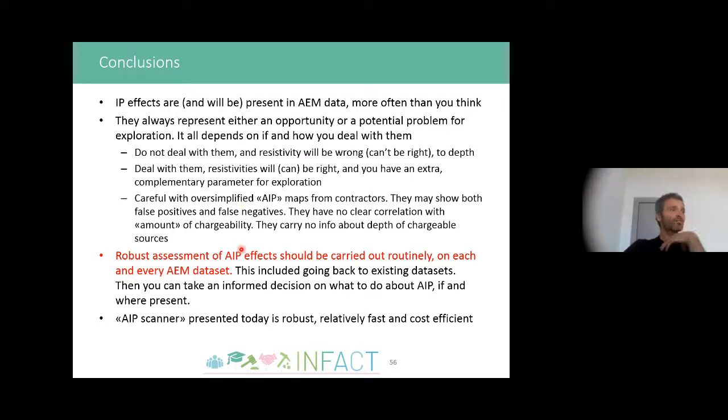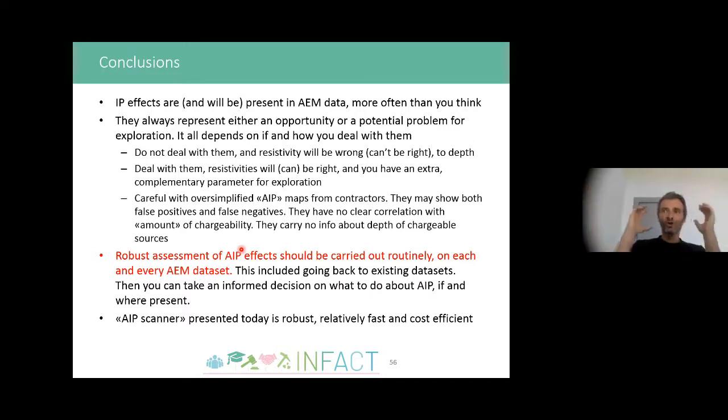In my view, robust assessment of airborne IP effects should be carried out routinely on each and every airborne EM dataset, both new and old. Just imagine places like Australia and Canada, where they've got a wealth of open file data that have never been looked at in terms of IP.